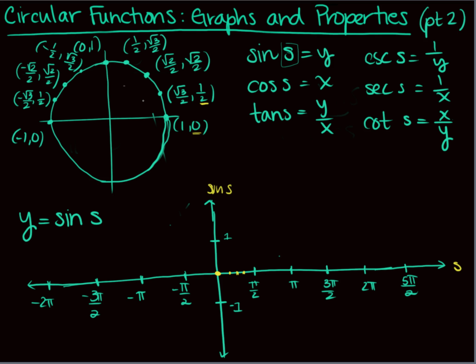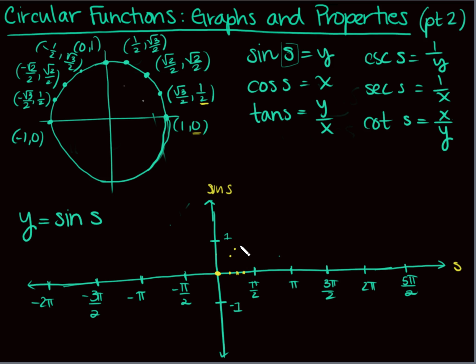So at 30 degrees, sine is 1/2. So at 30 degrees, I'm going to come over here and put 1/2. At 45 degrees, sine is root 2 over 2, which is about 0.7. So at 45, I'm going to be a little bit closer to 1.